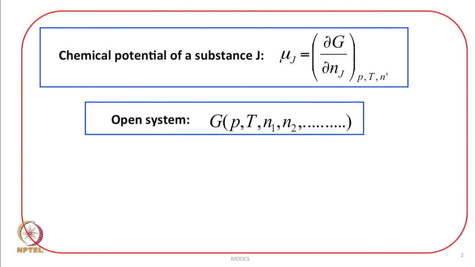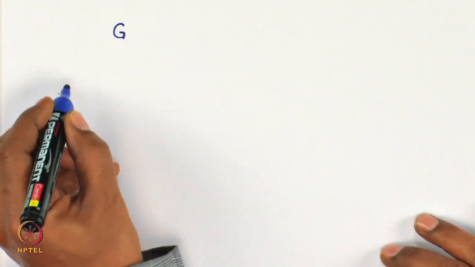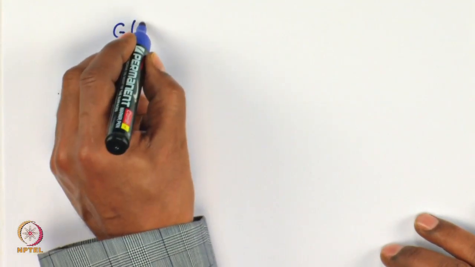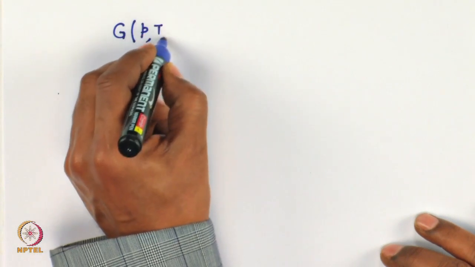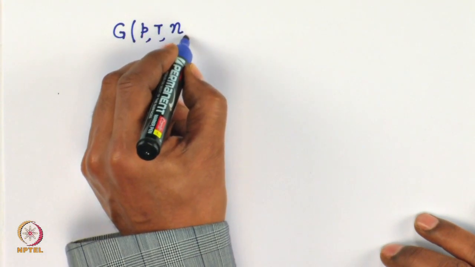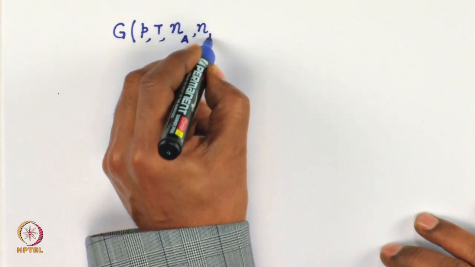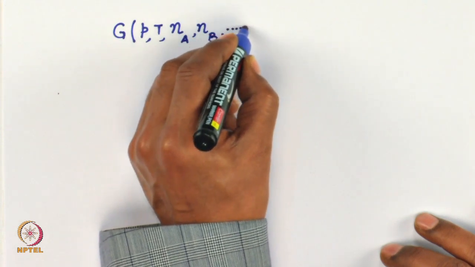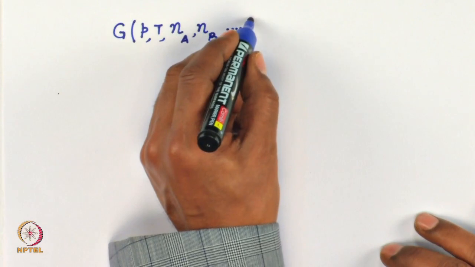So, let us discuss. If G depends upon pressure, temperature, number of moles of A, number of moles of B, and so on, instead of A, B, I am free to write 1, 2 also.